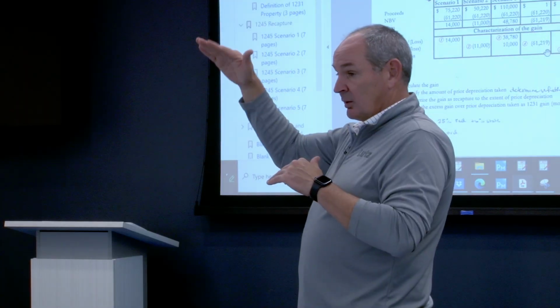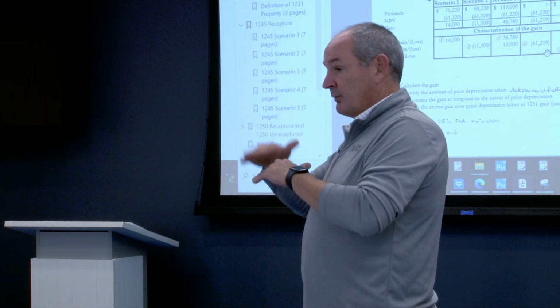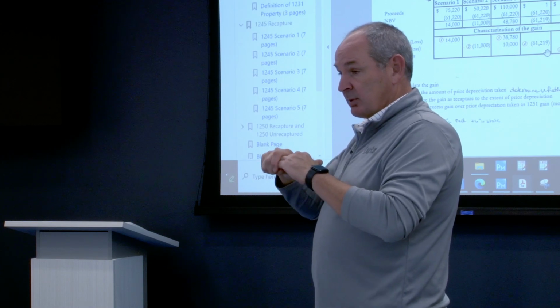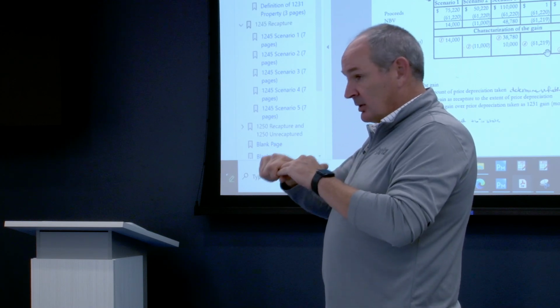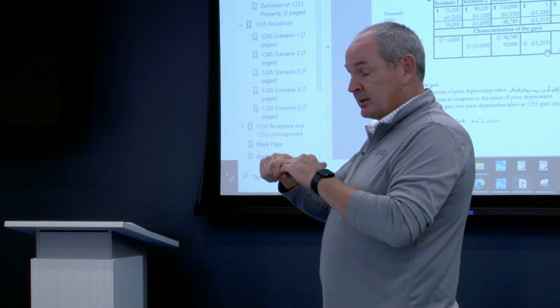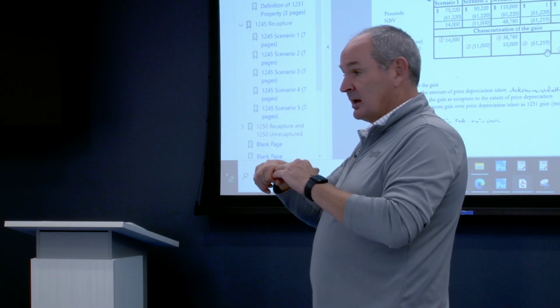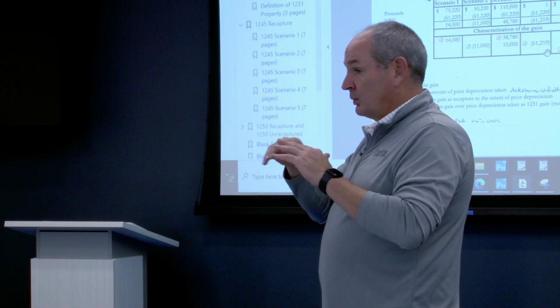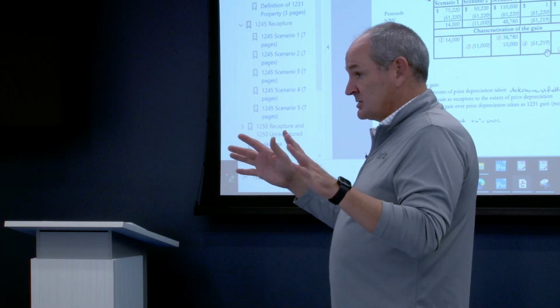We didn't even get to 1231 because 1245 is a gateway to get to 1231. To the extent of prior depreciation, you're never going to get to 1231. The prior depreciation is 38,780, so we're not going to get to 1231 until 100% of that depreciation has been recaptured.